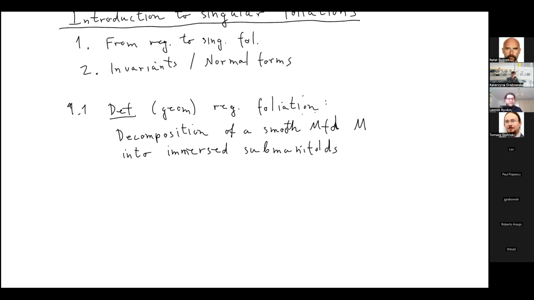And this is not quite enough. So we decompose M as a disjoint union of some submanifolds. We call those leaves.